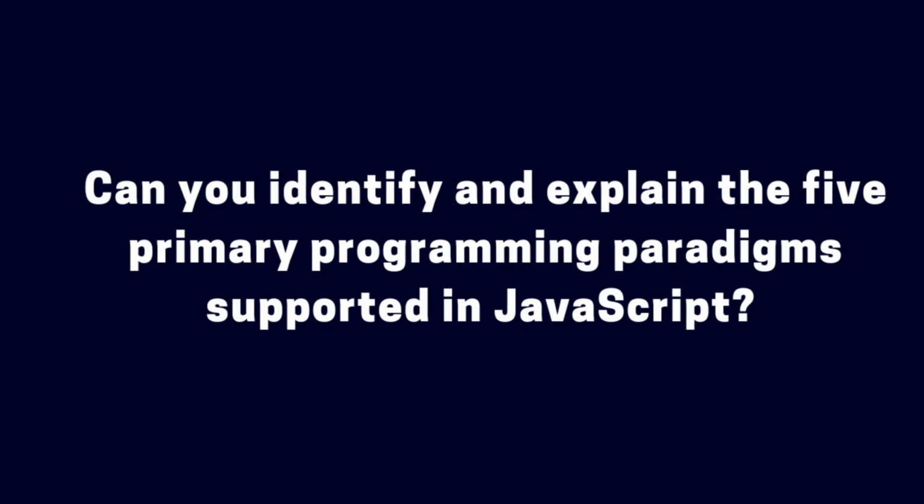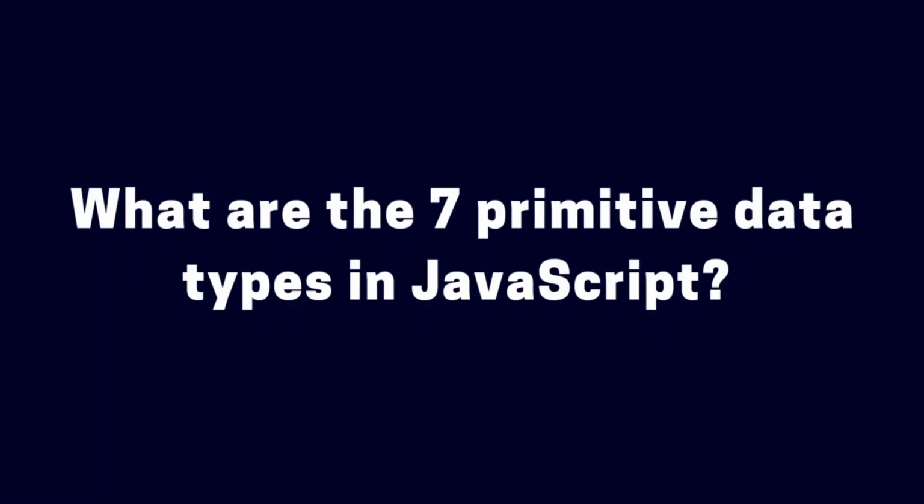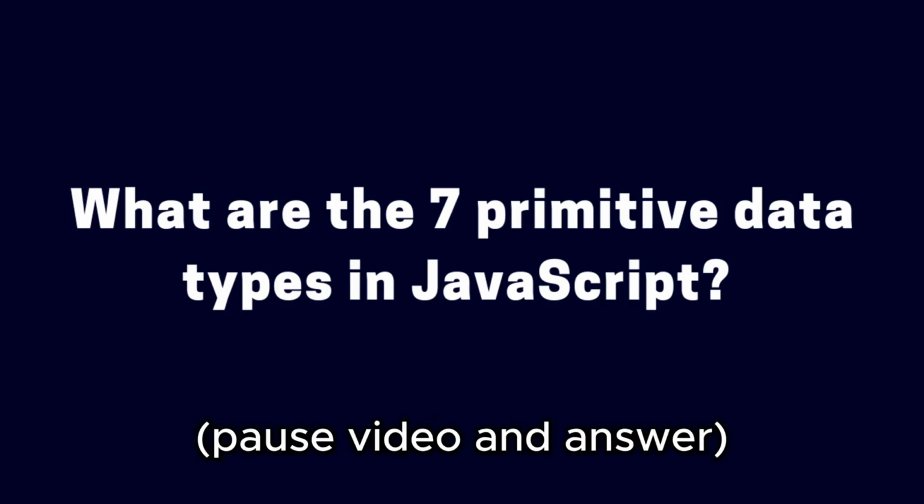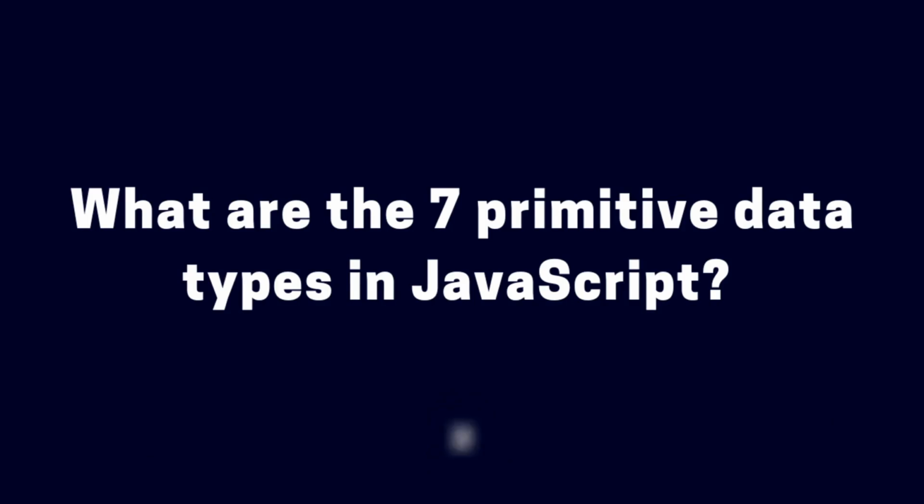What are the 7 primitive data types in JavaScript? Primitive types are the most basic data types in JavaScript.